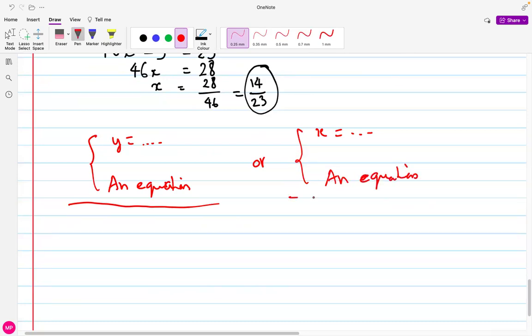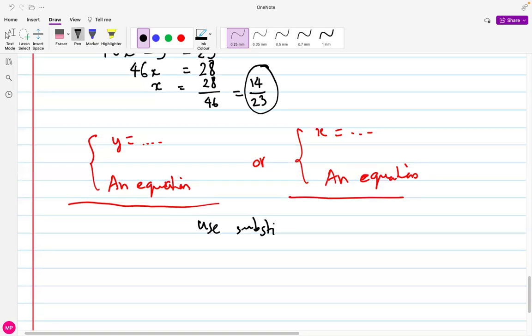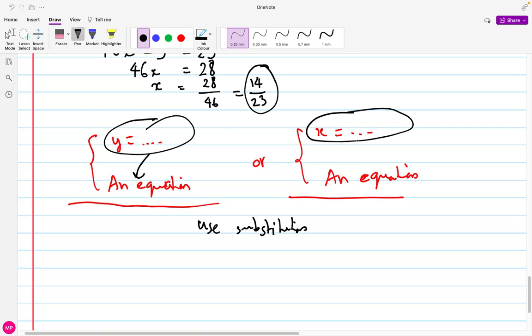Then with any of these formats, you can use the substitution method. Because if y equals something, you can substitute that into this equation. And same thing, if you see x equals something, you can substitute x into the other equation.